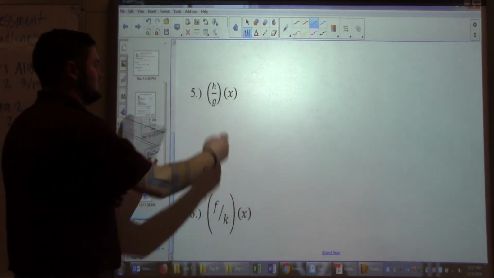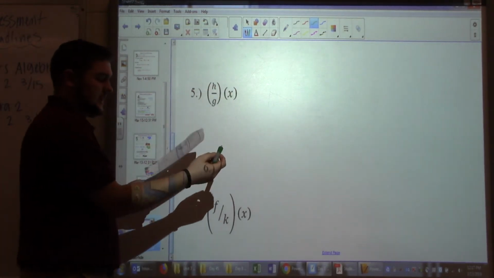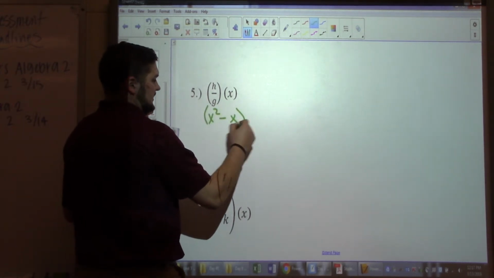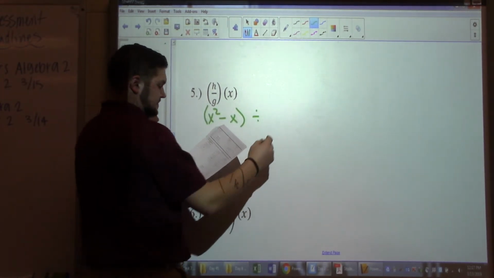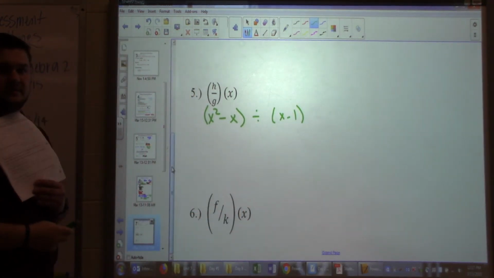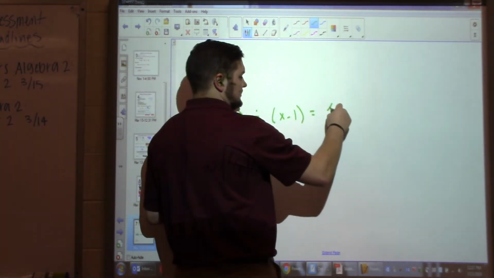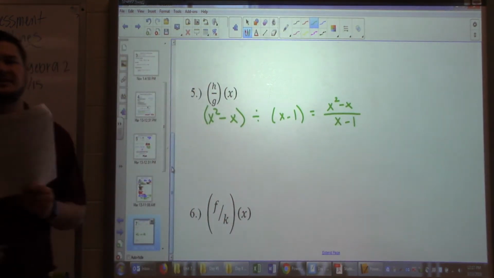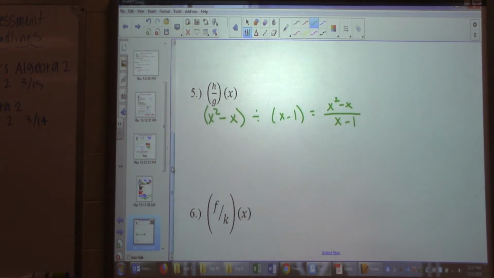5. H divided by g of x. So I need h of x function. X squared minus x divided by x minus 1. Right? I'm going to rewrite that though. X squared minus x over x minus 1. Is there a way to simplify that?